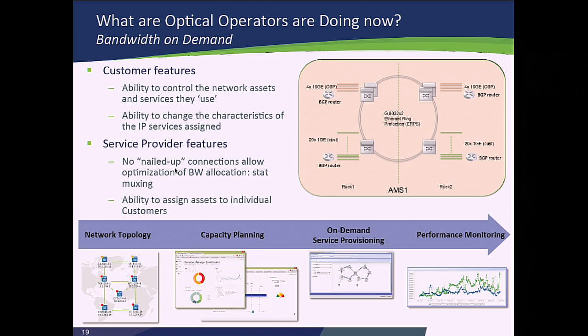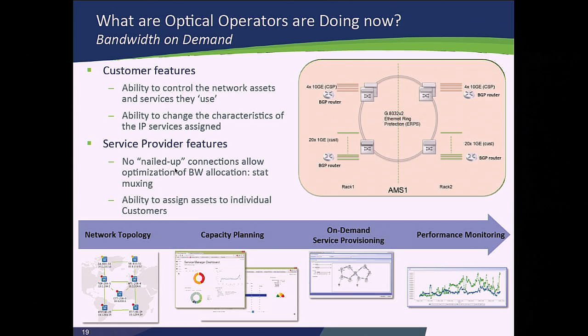So I couldn't do this presentation without talking a little bit about bandwidth on demand. I think it's the number one application that people talk about with SDN, with good reason. I think it's a valuable application with a lot of real-world uses.